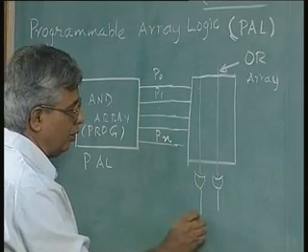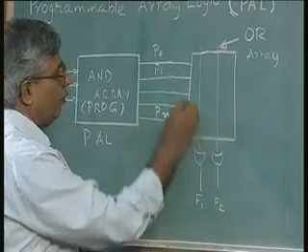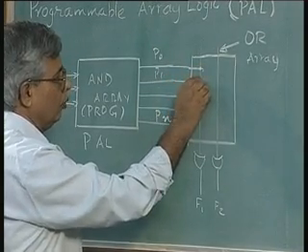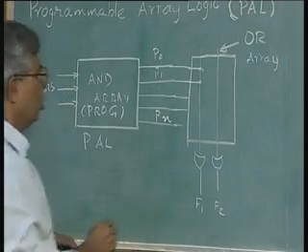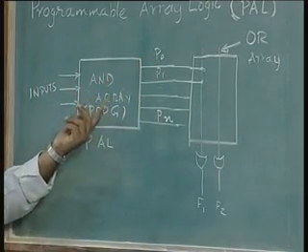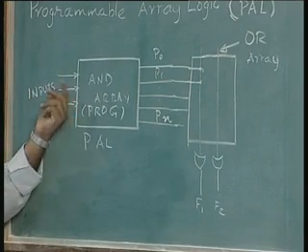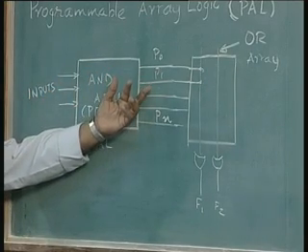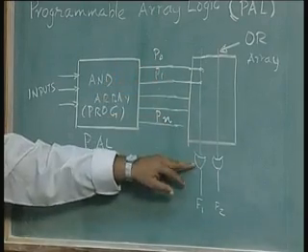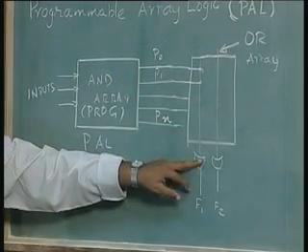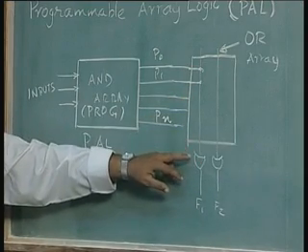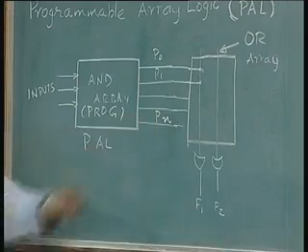For example, if you call these F1, F2, F1 will have P0 and P1 alone connected to it. You have a choice of implementing P0, P1 using a programmable AND structure from the inputs. So, any combination of the input structure to get P0, P1 is possible, but once you have done it, P0 and P1 are fixed inputs to the OR gate, you cannot have any other input. So, this OR gate will have only 2 inputs, and these 2 inputs are also fixed, namely in this case P0 and P1.